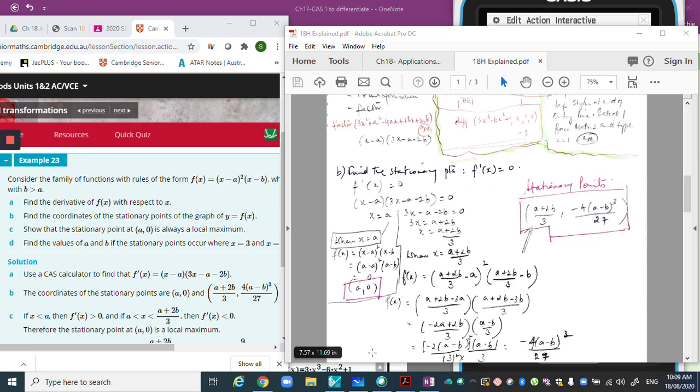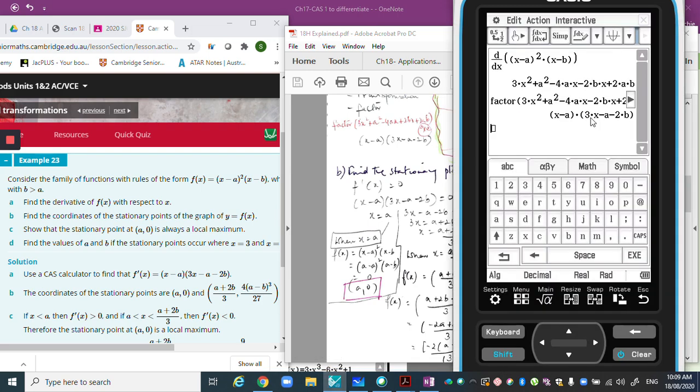In order to find the derivative here, this is a whole topic based on the CAS, exercise based on the CAS. So you put your equation in. If you want to know how that came about, preferably put it from your XAB from this window, which is your ABC window.